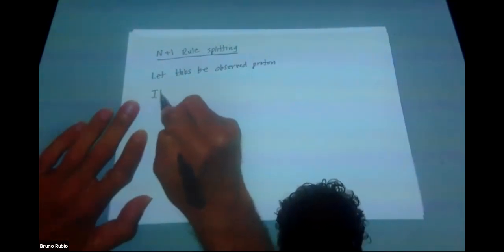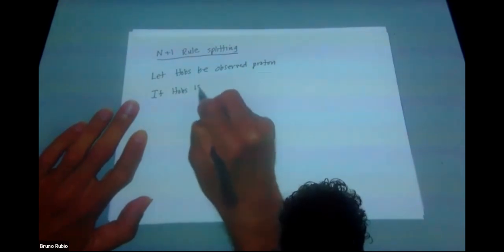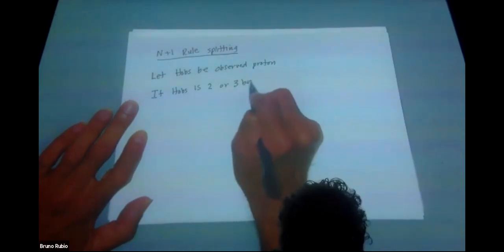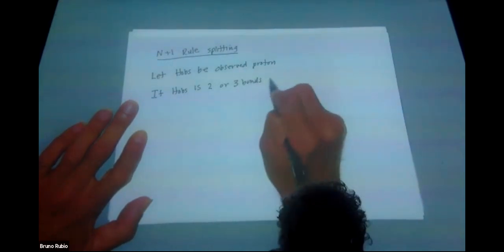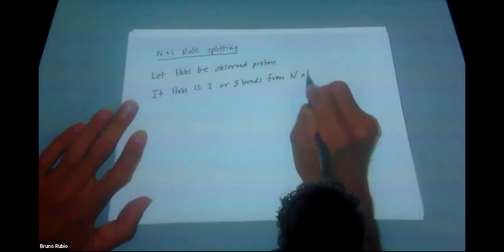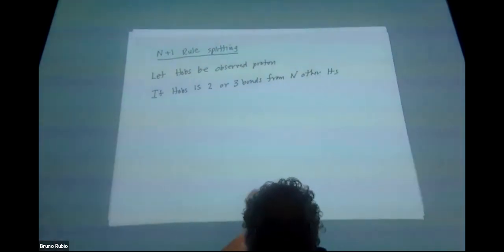If the H observed is 2 or 3 bonds from N other protons, right? So 2 or 3 bonds from 5 other protons or 6 other protons or 3 other protons or whatever.